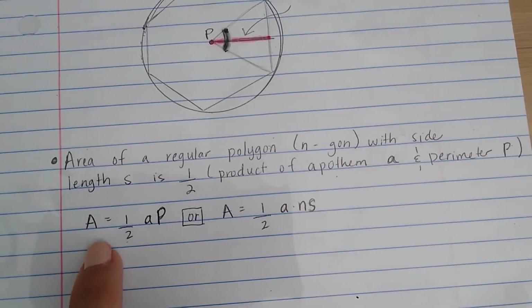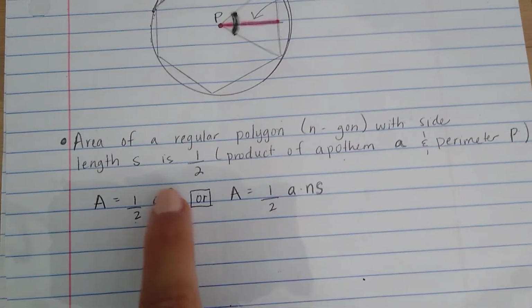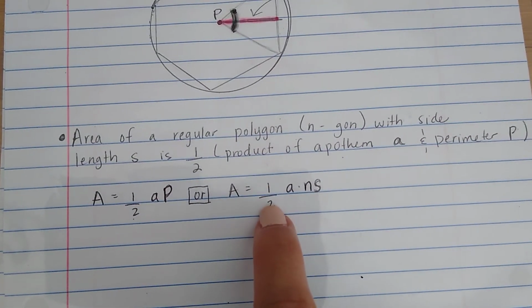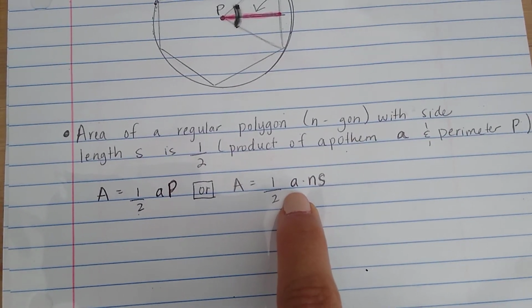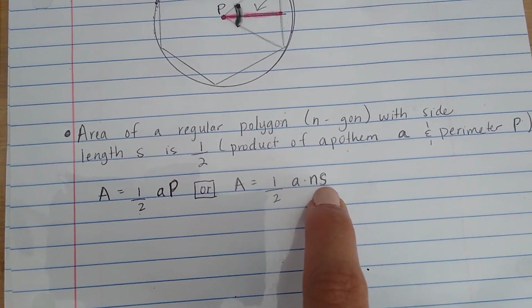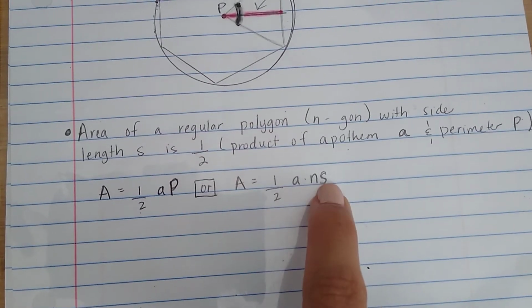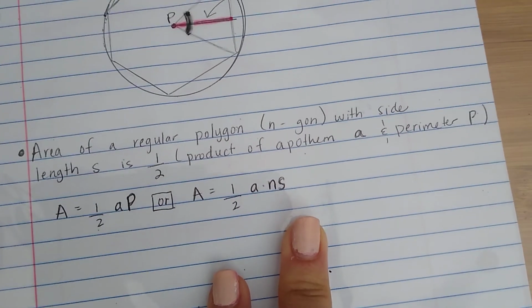In this case, area equals 1/2 little a, again apothem, times P for perimeter, or we can find it by using 1/2 times the apothem a times the number of sides n multiplied by s, which in this case stands for the side length. Okay, so we're going to be using this information to go ahead and do some practice problems in the next video.